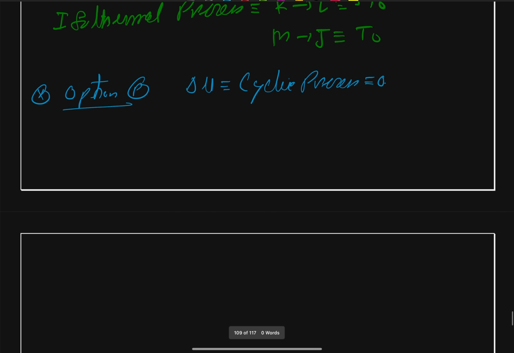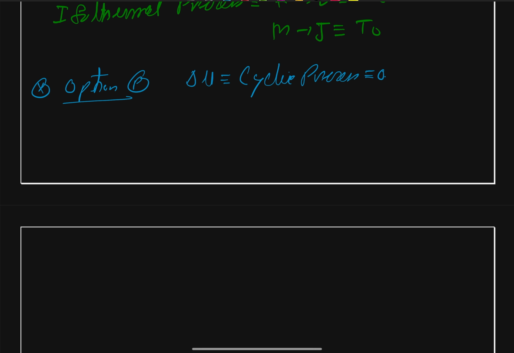Therefore, Q net will be equal to W net. And we can find out the work done for each process.